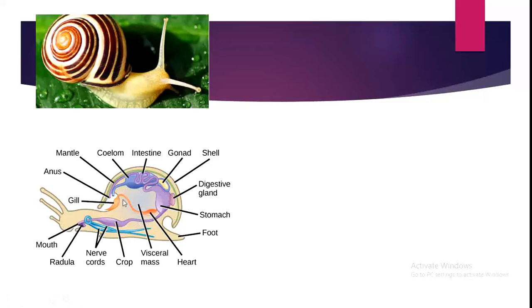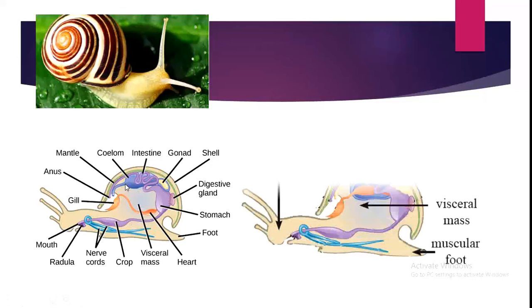Here this shows a detailed diagram of a snail. A section is shown there. So these are the basic parts: head, muscular foot, and the visceral mass. So you can see the organs present inside the visceral mass. Their bodies are moistened with mucus.